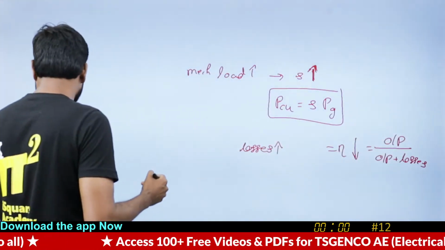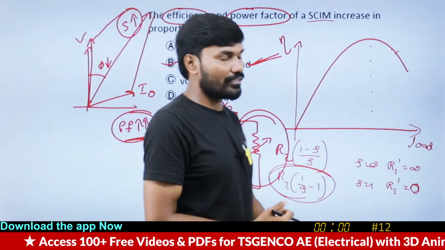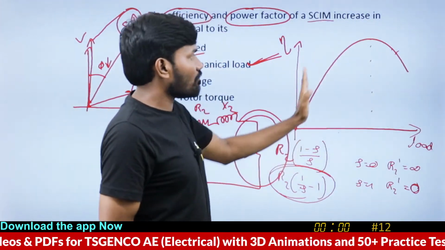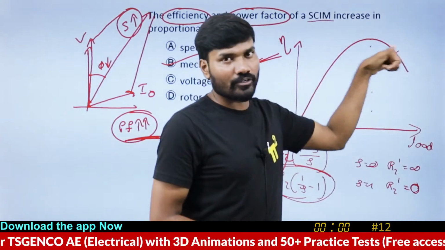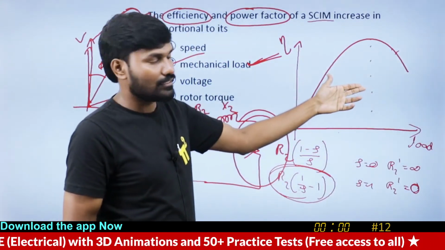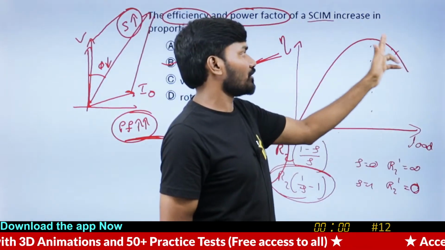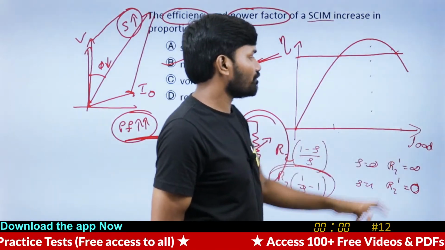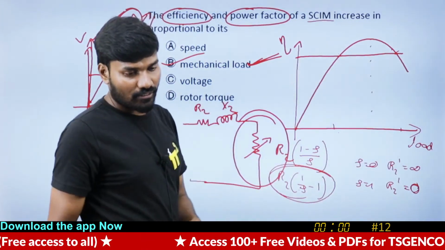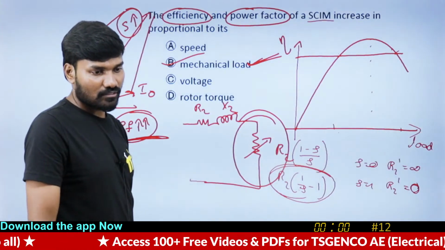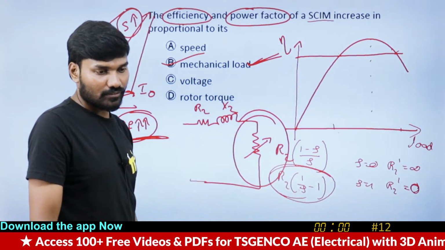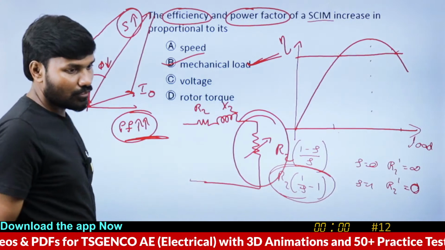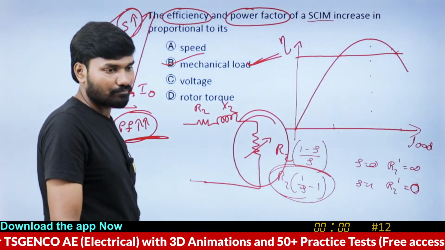If you plot that curve, try to recall the efficiency curve you drew in your BTech during undergraduation. Till a certain point it will keep on increasing, but definitely beyond that it will reduce. That case will also come. That's why efficiency is a double valued function. One efficiency can be got at two loads. This is one load, this is another load. I think you got clarity on this, dear Sarat. Shall we move on? Once again, good buddy.